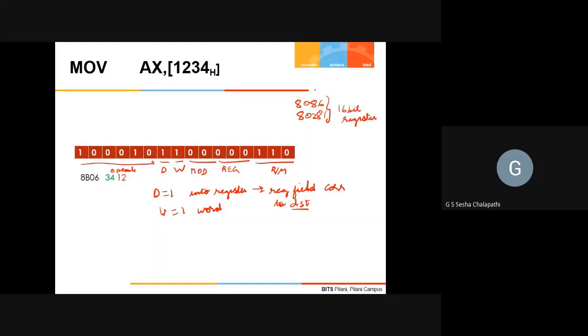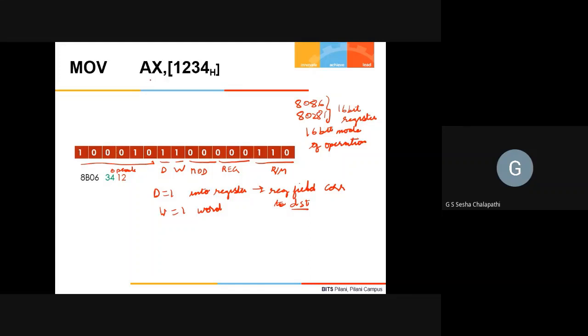In these only 16-bit registers are available. Let us say we are operating in 16-bit mode of operation, and I am using the AX register.